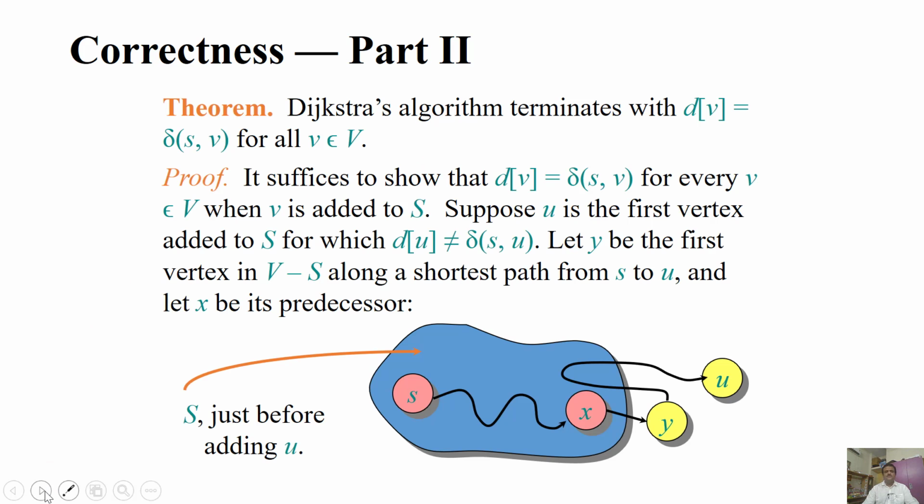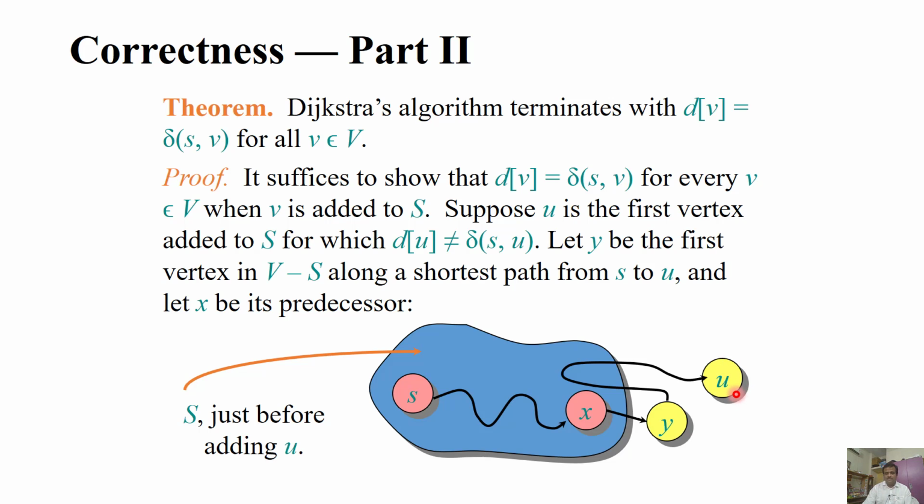So, how to prove this? To prove this, it is sufficient to show that dV is equal to delta of S comma V for every vertex when V is added to capital S. Suppose U is the first vertex added to capital S for which this is not true. We are going to capture this vertex U, which is going to be added to S because its key value is the minimum.